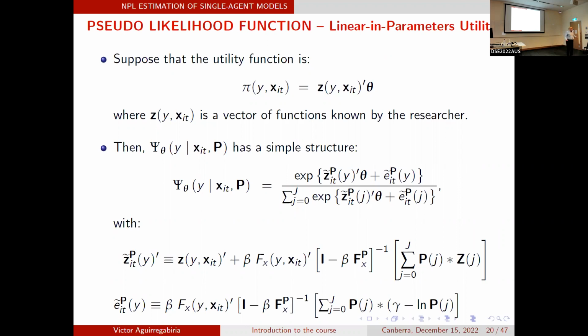algorithm. Things will be very different once we move to games, because we are going to lose the contraction property of phi with respect to theta, with respect to P, with respect to everything.